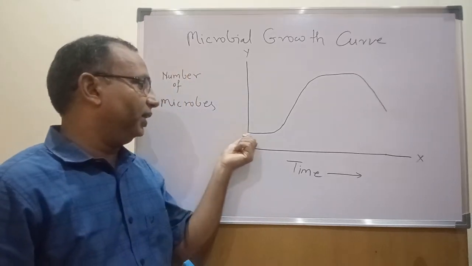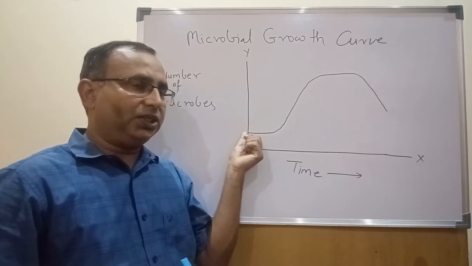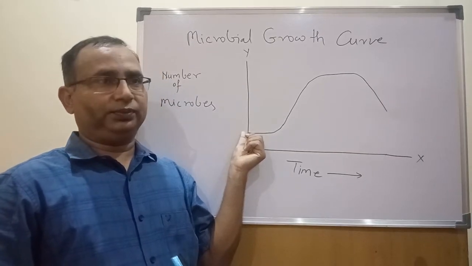So we have taken this initial number of microbes, and it represents the time t equals 0.